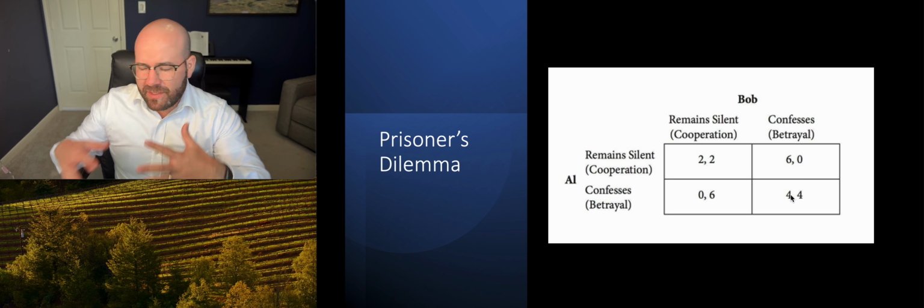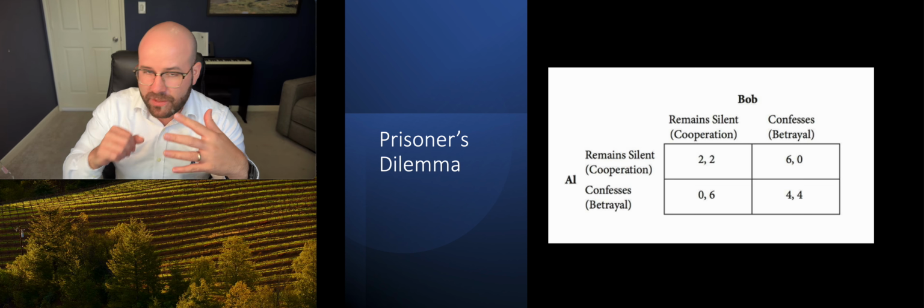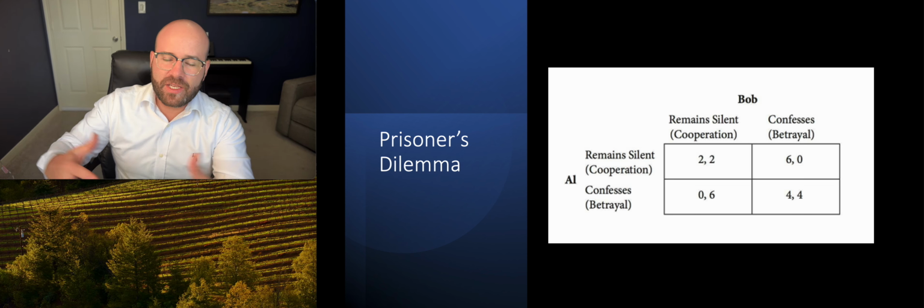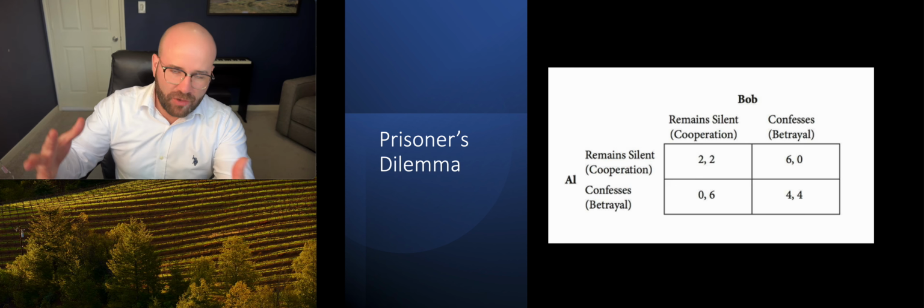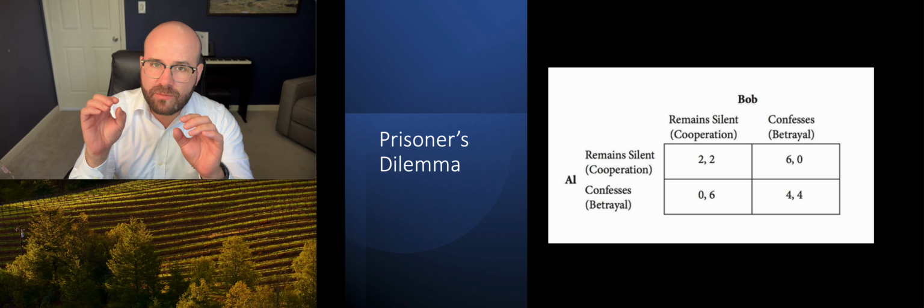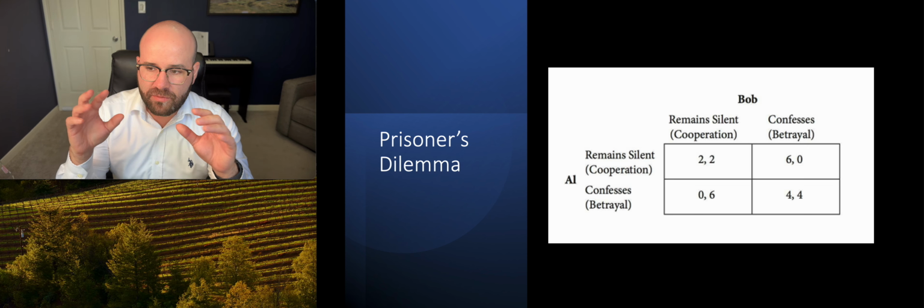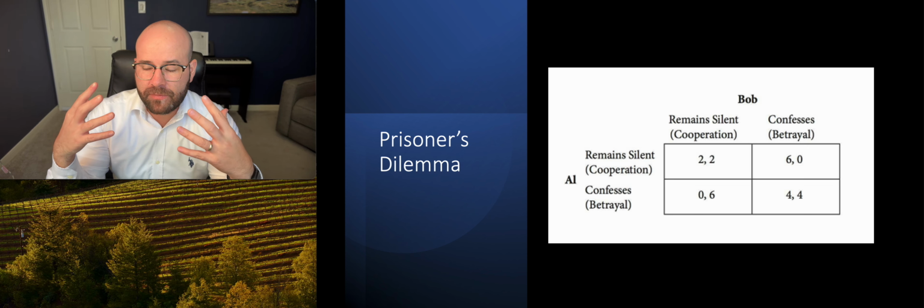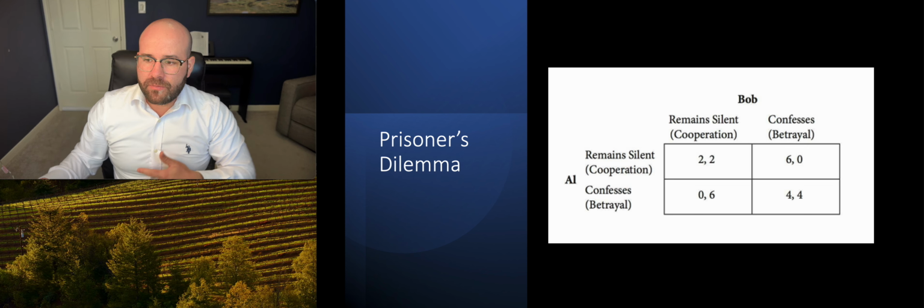Now, from the perspective of justice, yes, we want Bob and Al to pay for their crimes, right? But the prisoner's dilemma is supposed to exemplify a problem of rationality. And here's the dilemma.